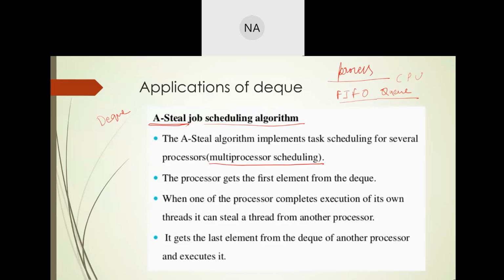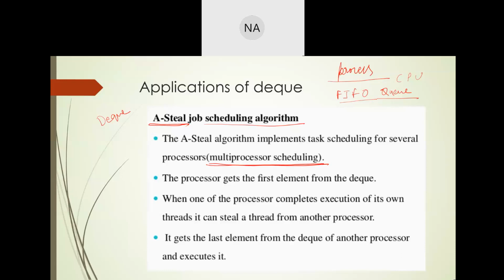So in a multiprocessor system, we have multiple CPUs and each CPU maintains its own queue, its own deck, double-ended queue, right? So when a process arrives on a processor of a multiprocessor system, that process is added at the rear end of the queue of that processor, right?